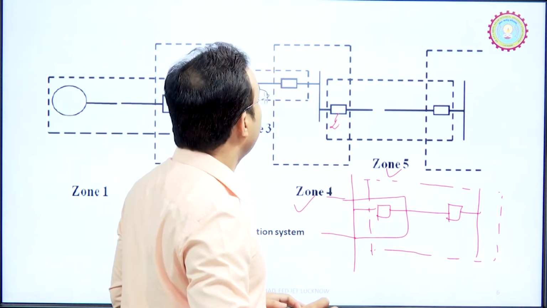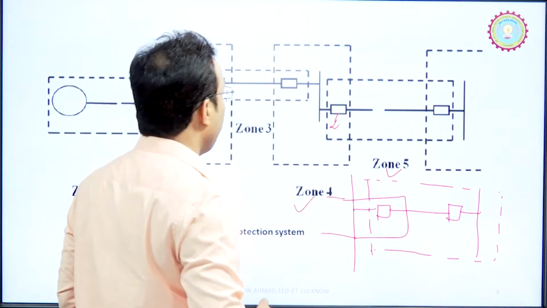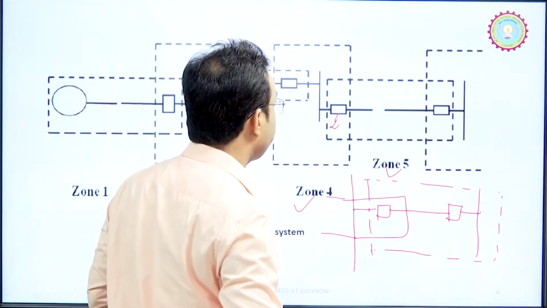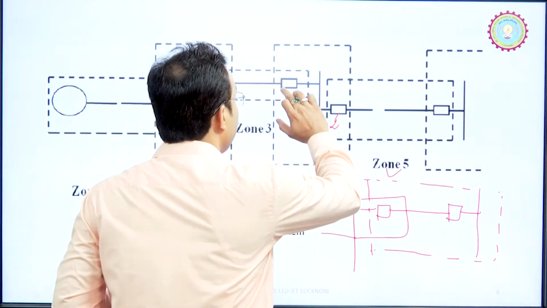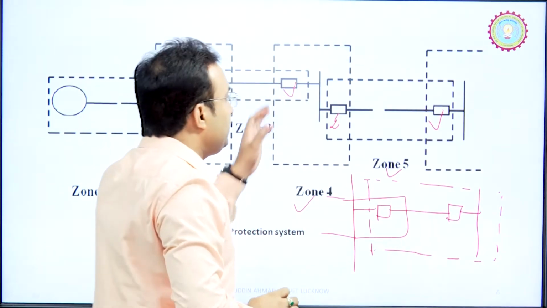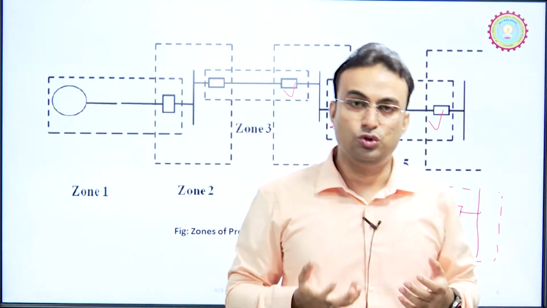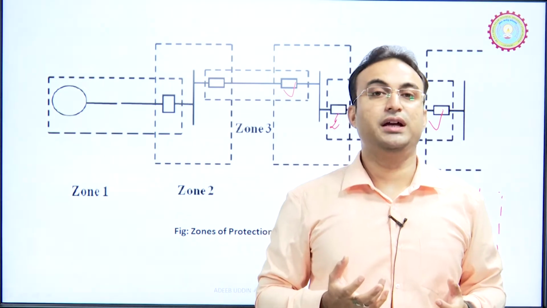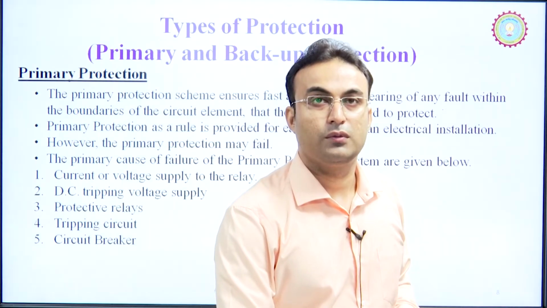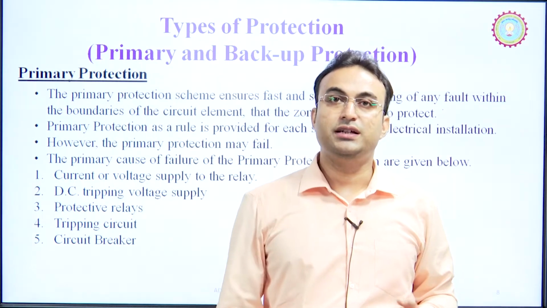This has some pattern, some sequence. We have decided that if a fault occurs, first this circuit breaker will operate and after that this circuit breaker will operate. We decided on some sequence so that the minimum number of circuit breakers operate to remove this fault.